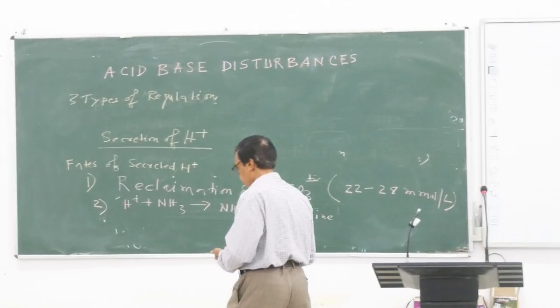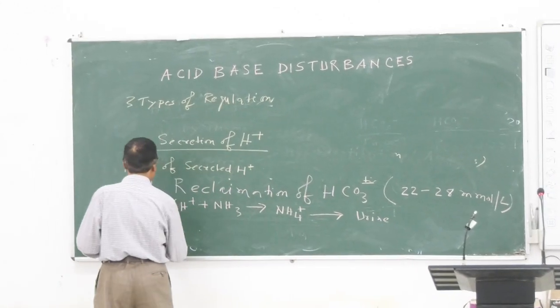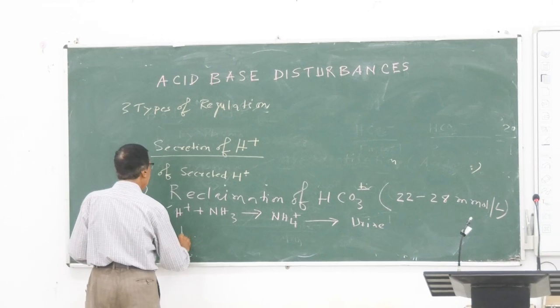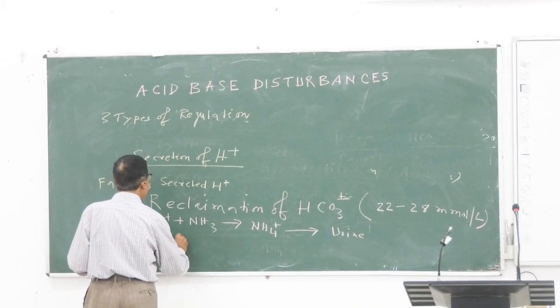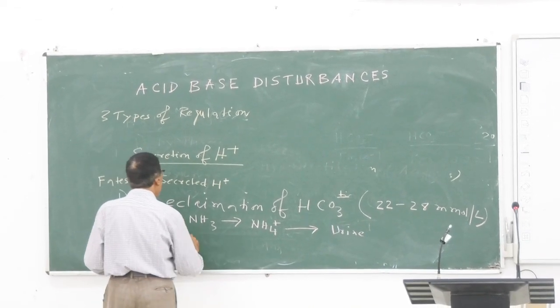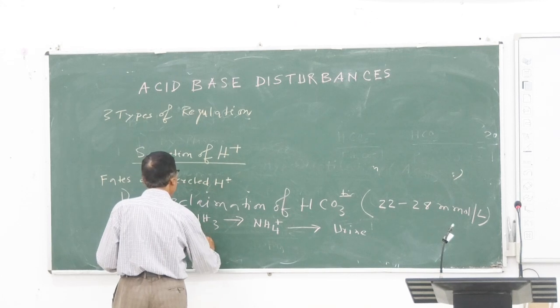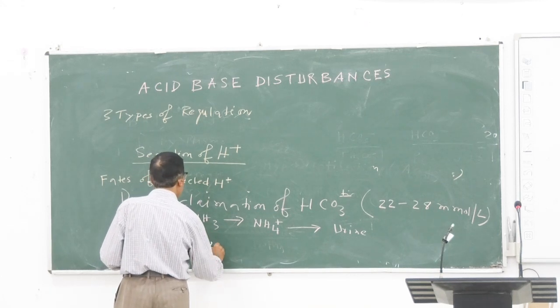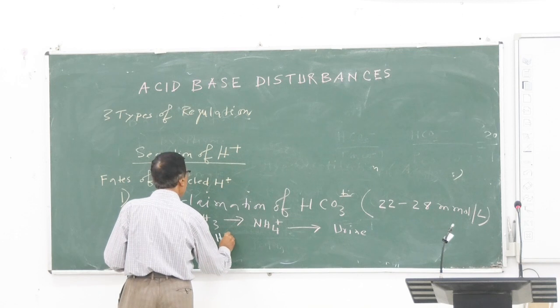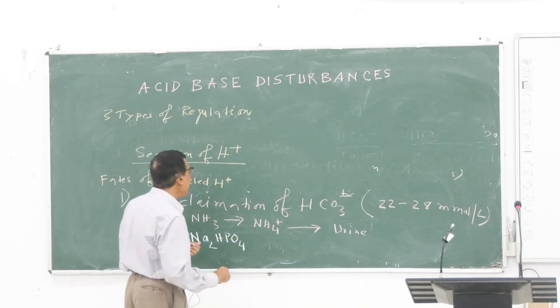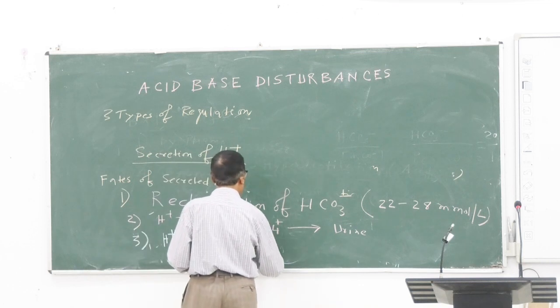And the third fate is that hydrogen ion combines with urinary buffer, that is basic Na2HPO4, and becomes NaH2PO4.